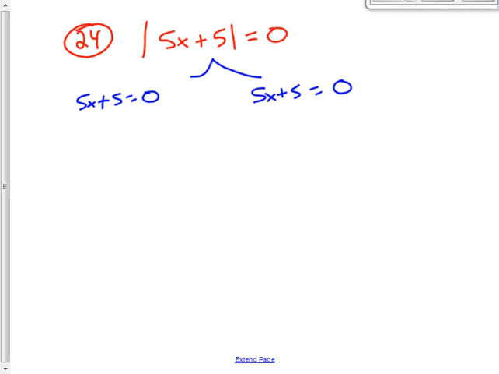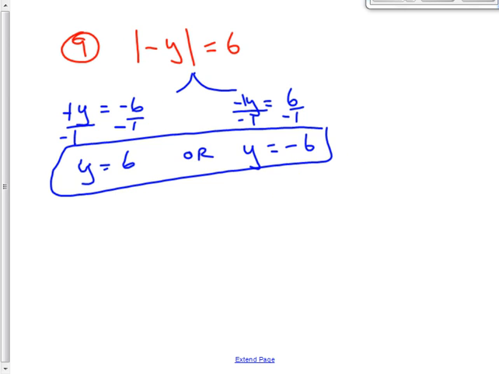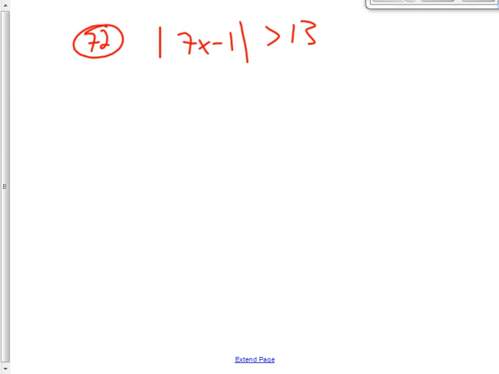Those two things are really the same, so you only have to solve one. Subtract 5 from both sides. 5x equals negative 5, divided by 5, and x is equal to negative 1. There's only one answer from that. I'm starting somewhere, so I need to find the place that I started, and I'm going no units away from that. So I should only have one answer. I'm not actually going left or right anywhere on that problem.